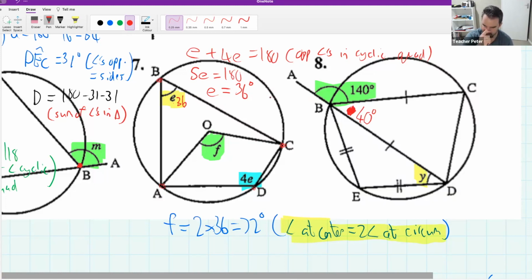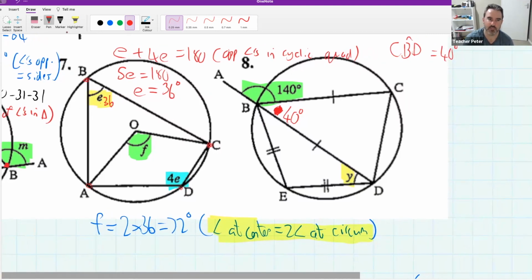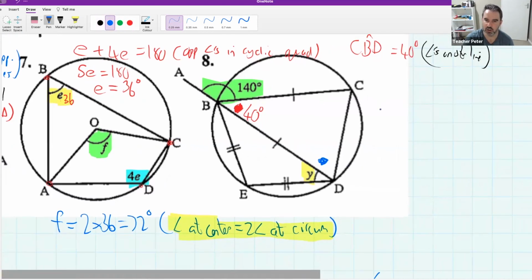So angles on a straight line, yep. So we'll say that CBD is 40 degrees, and that is angles on a straight line. I think people are going to go for this over here. It's the same trick that we pulled earlier on, where we go D must be 180 minus 40, divided by 2, but we have to give 2 reasons.